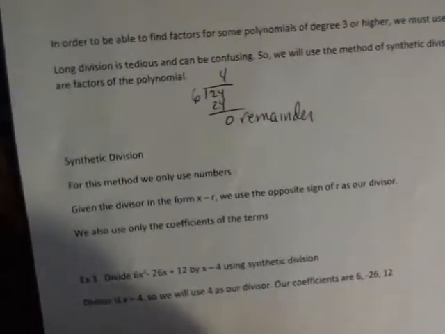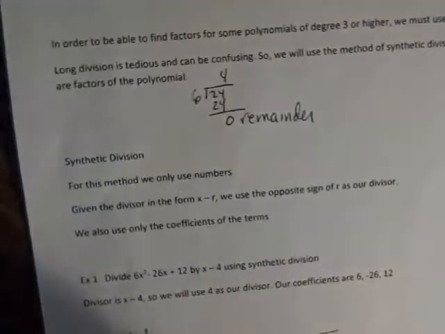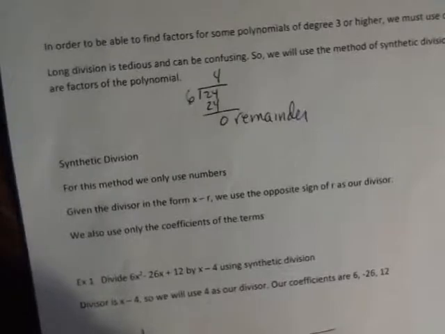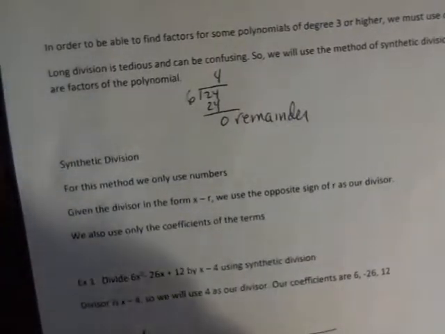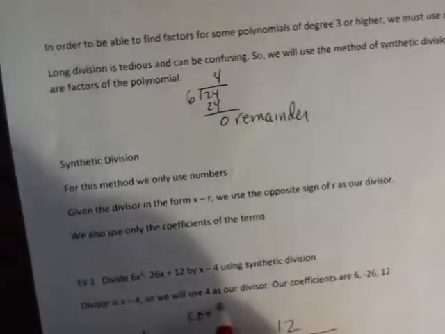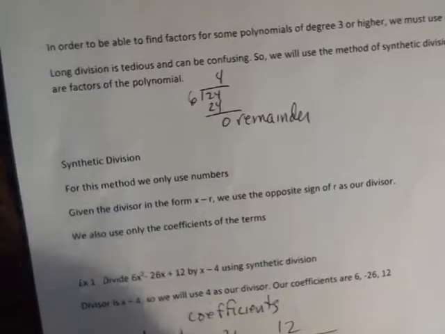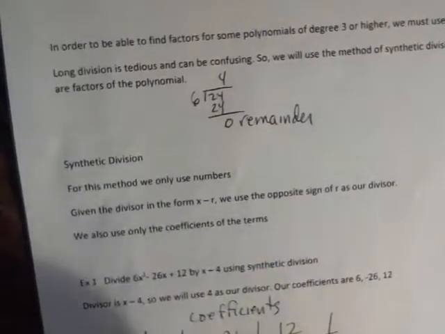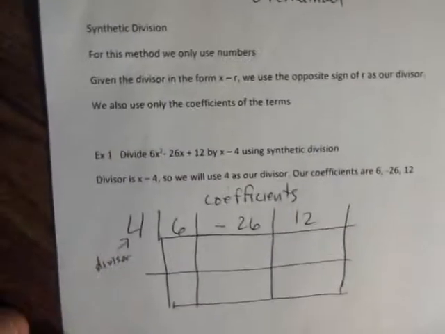Now, the main setup for the synthetic division looks like this. So we put our divisor here, and then our coefficients go here. So these are the coefficients. And then what I kind of do is I set up little boxes, kind of like that.